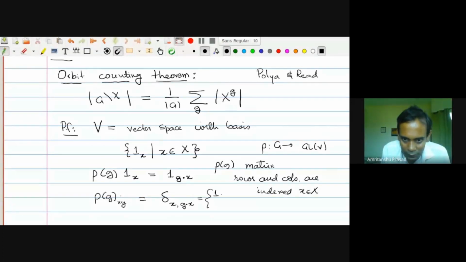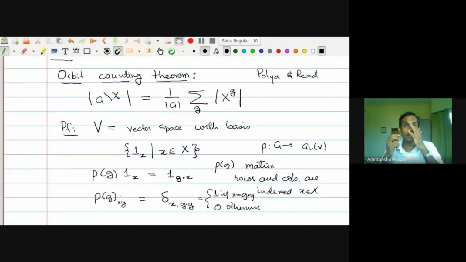Sorry, it should be g dot y. It's 1 if x is equal to g dot y and 0 otherwise. So this is how you go from a linear transformation to the matrix. You take the jth coordinate vector, and its image gives you the jth column of the matrix. So this is the matrix.